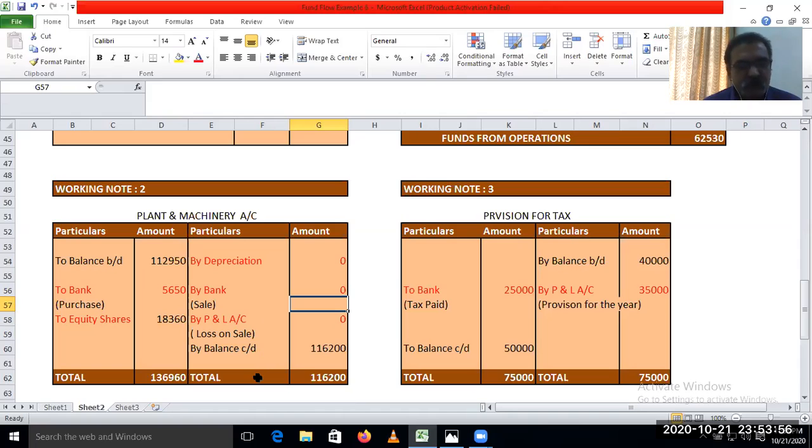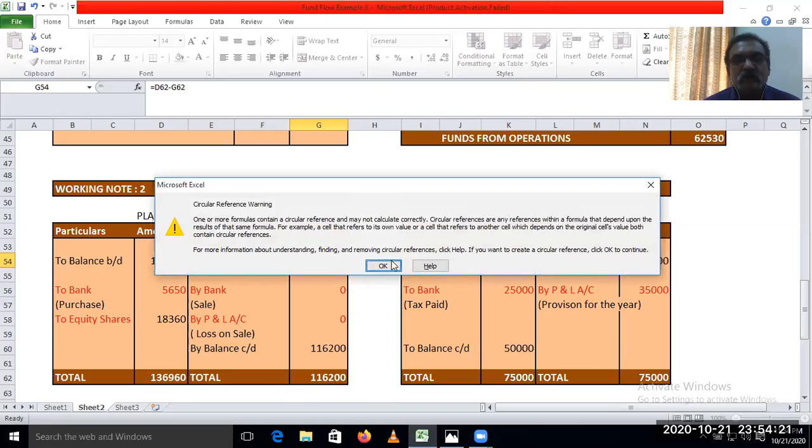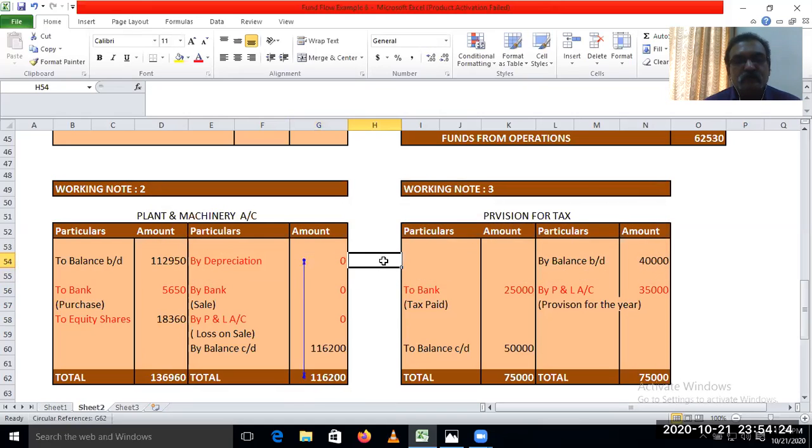But obviously we know that these are depreciable assets, so every year depreciation should be accurate. And as no depreciation amount is separately given, we will consider that the difference between these two amounts is on account of depreciation. So here the difference between these two amounts, that is 1,36,960 minus 1,16,200, comes to, okay, there is already a formula given.